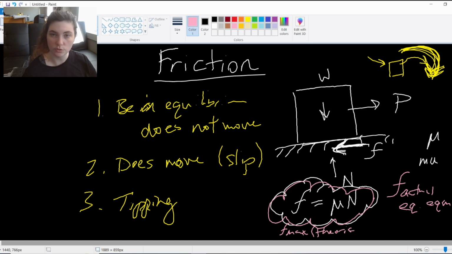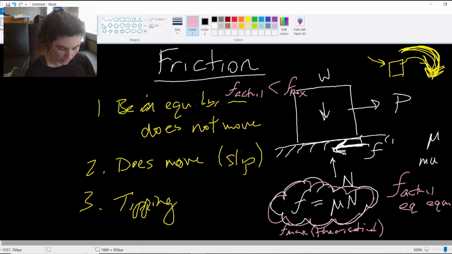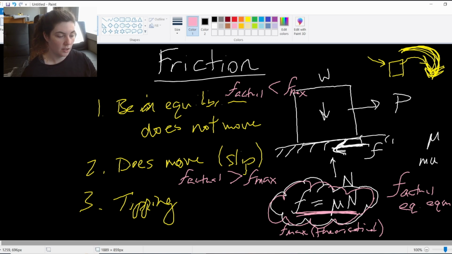So if our actual friction is less than the theoretical maximum, it means it's not slipping, right? So in equilibrium, our actual frictional force is less than the maximum that we're calculating. Whereas in our slip condition, that means that we have exceeded the maximum. The actual frictional force is greater than that theoretical maximum created by this equation.